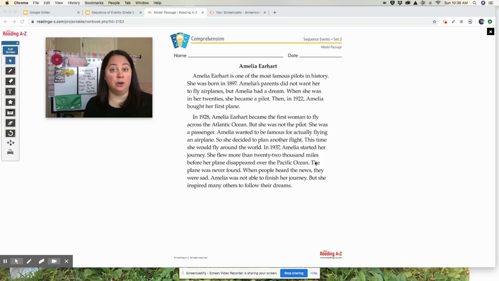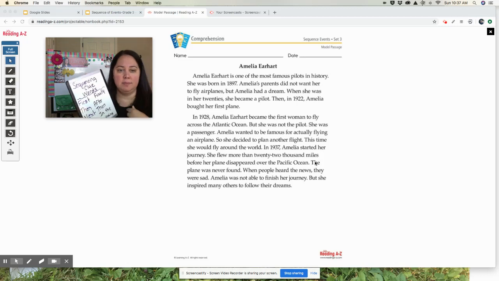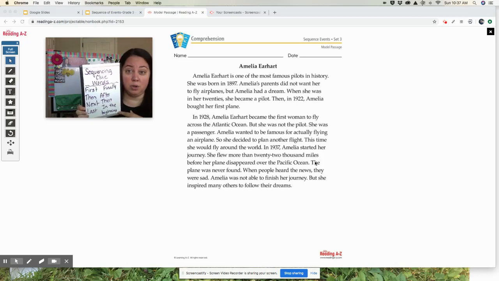So there are some things that are the same and other things that are a little bit different when you're looking for the sequence of events. Just like we did with fiction, when we're talking about the sequence of events in a nonfiction text, you will also come across some sequencing clue words.